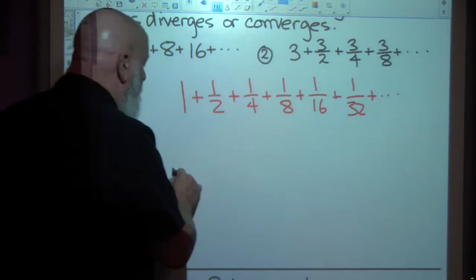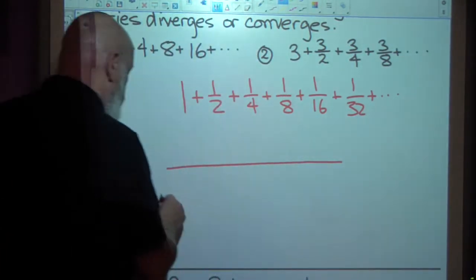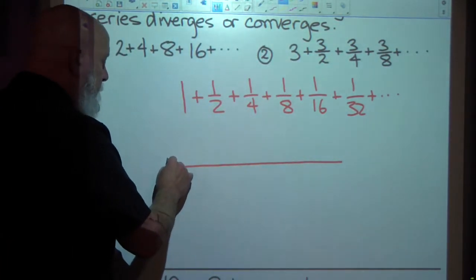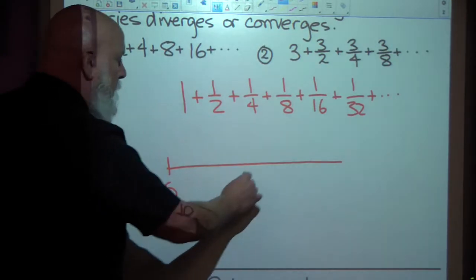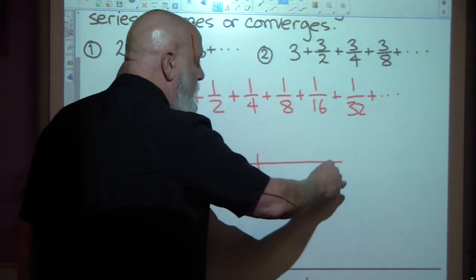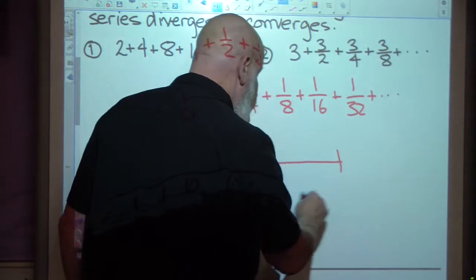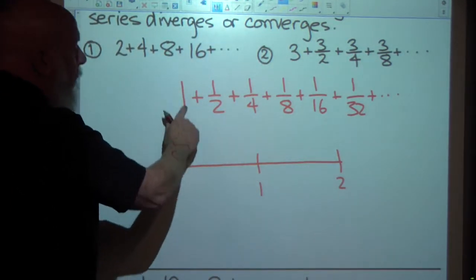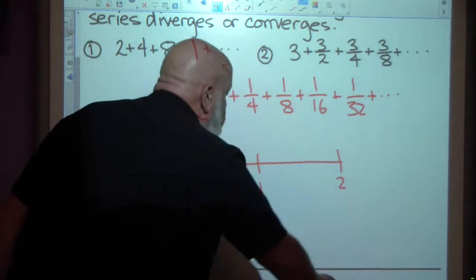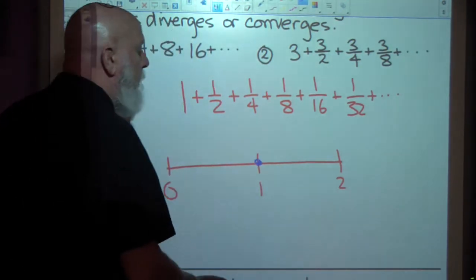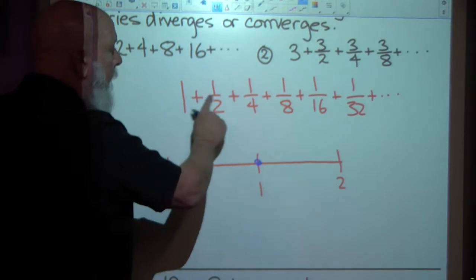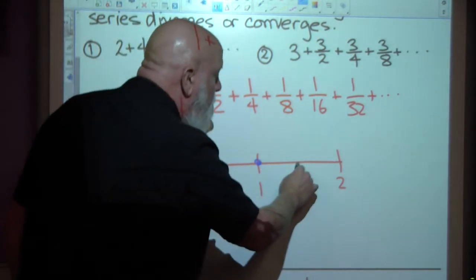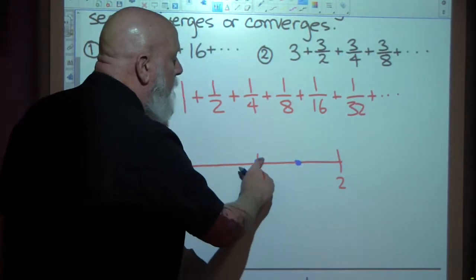If we look at it on a number line, what's happening? Let's say this is 0, and here's 1, here's 2. Okay. If we start at 1, and we're right here on the number line, if we add a half, now we're here. We move from here to here.